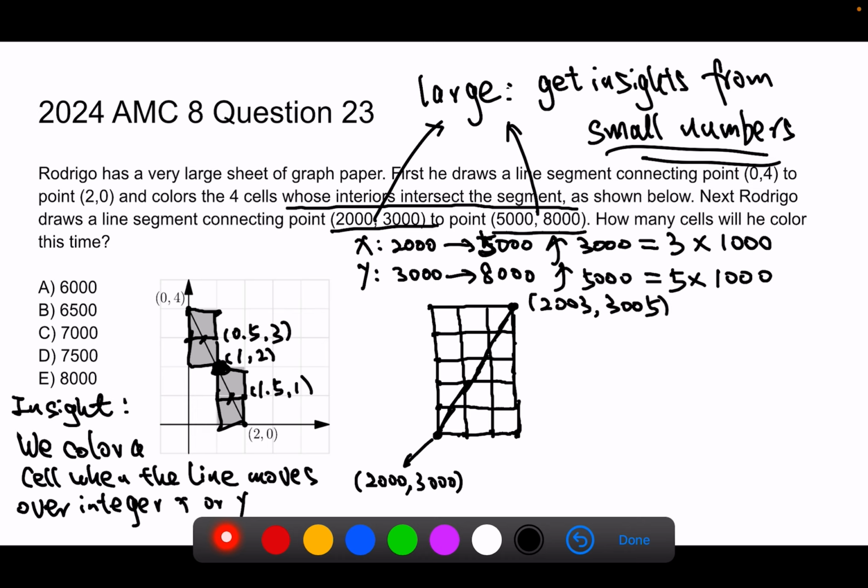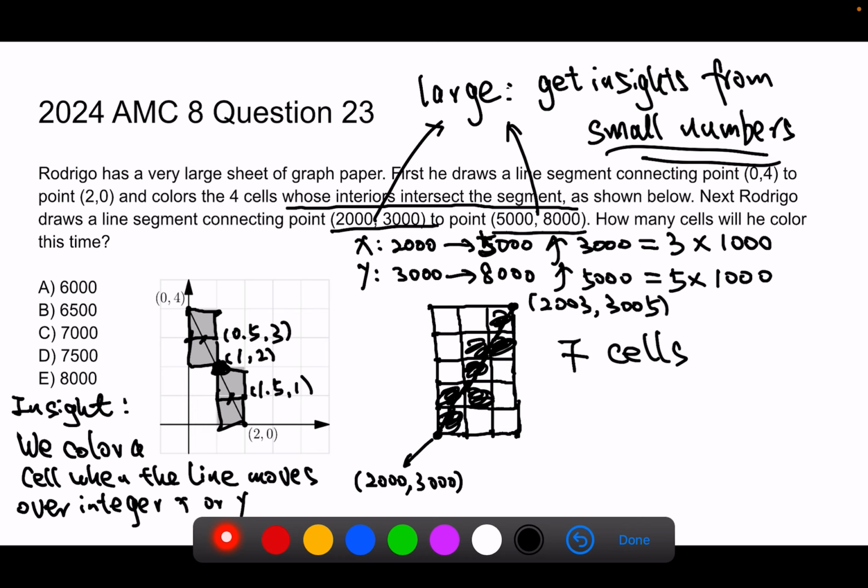And because of that, how many squares do we go through? Go through the first one here, second one here, third one here, because you don't really touch this point, you actually go through this square, fourth, fifth, sixth, seventh. So for this 3 by 5 move, you color 7 cells.